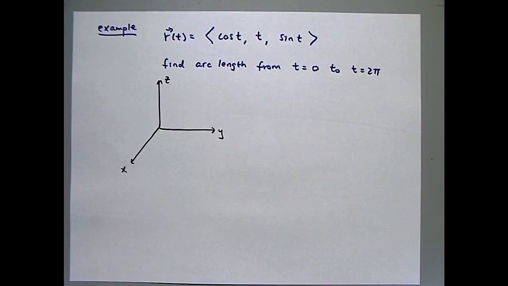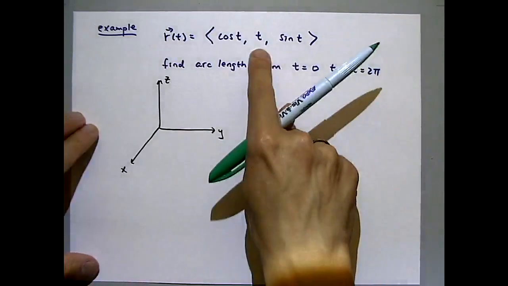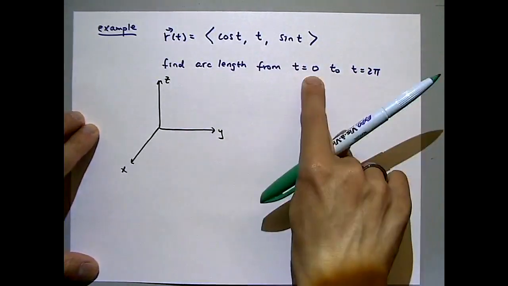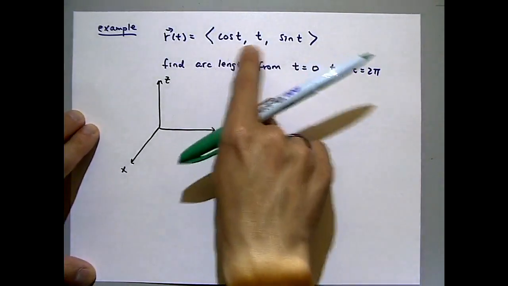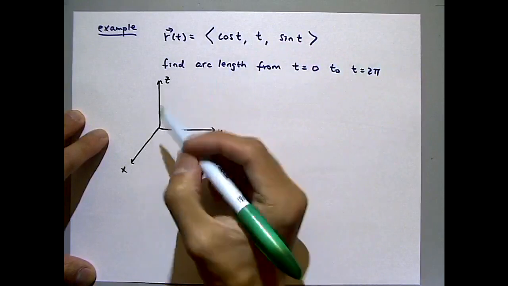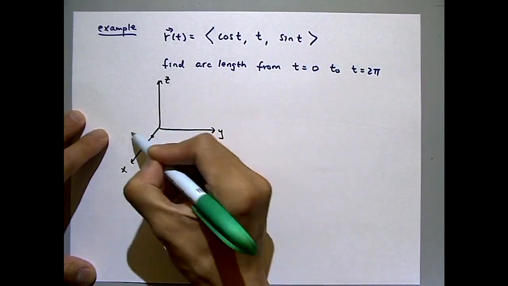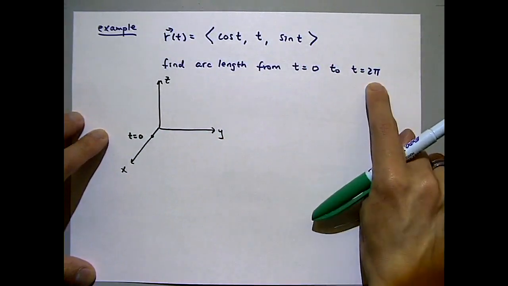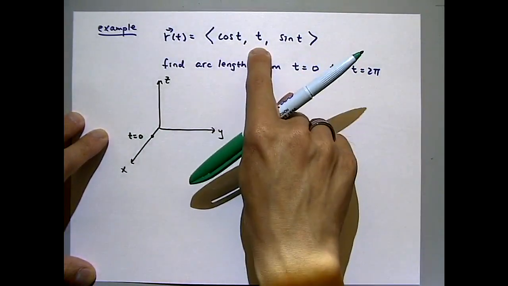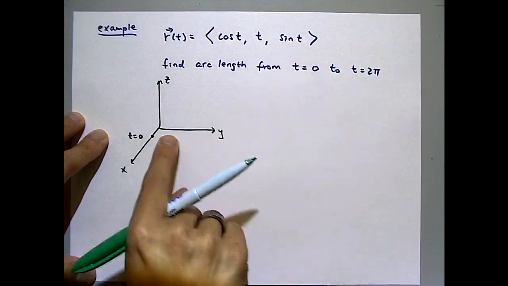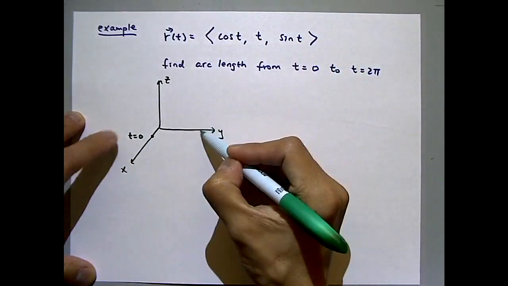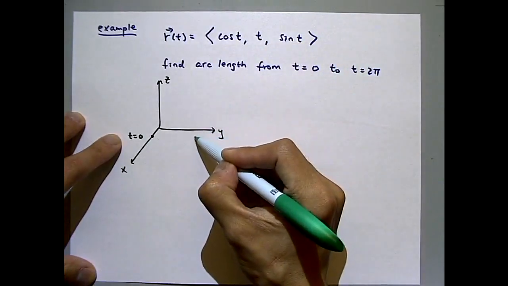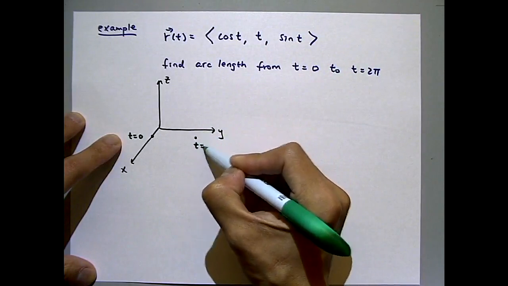Okay, so once again, you've seen this before. We're starting at t equals 0. At 0, the point is (1, 0, 0), so we're right here. At 2 pi, we're at (1, 2 pi, 0). So y is 2 pi and z is 0, so somewhere over here, t is 2 pi.